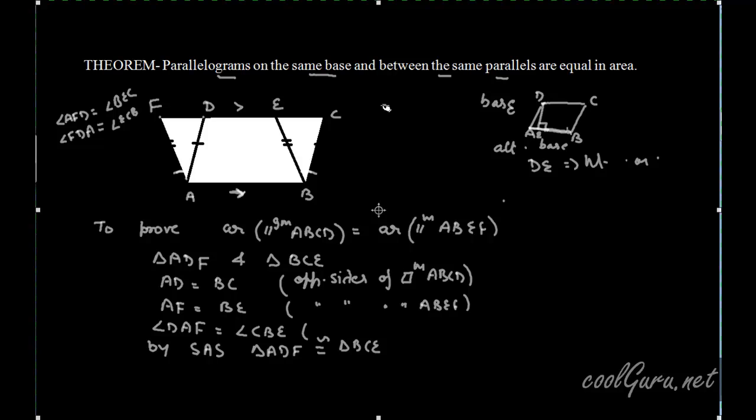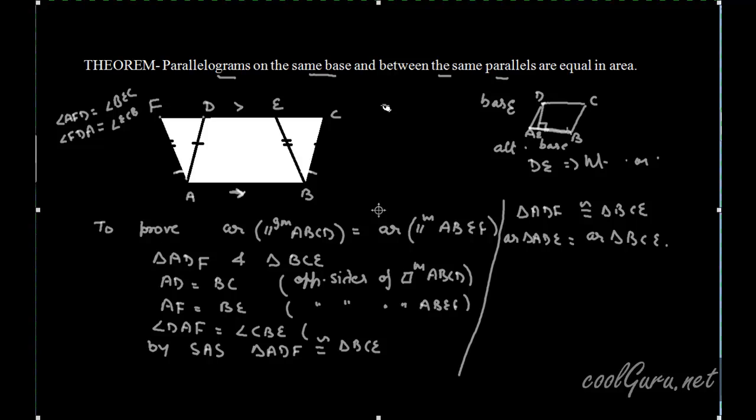Now, triangle ADF, we have already proved, is congruent to triangle BCE. Now, congruent triangles have equal area, so we can write that area of triangle ADF is equal to area of triangle BCE.